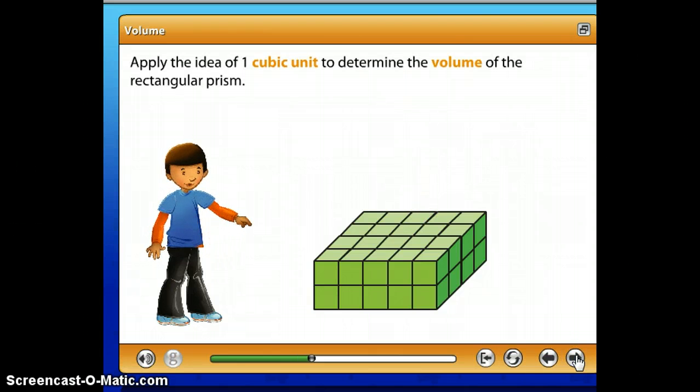Apply the idea of 1 cubic unit to determine the volume of the rectangular prism. Okay, if we looked at that rectangular prism, could we determine how many cubic inches it is? Corinne? Yes, and I know the answer. Okay. 30 units. Okay, so how did you decide that?